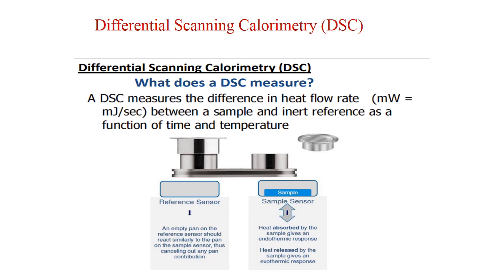Similarly, if our sample undergoes crystallization, that means the sample undergoes an exothermic process, and the sample requires less heat than the reference to raise its temperature at the same rate as the reference. By observing the differences in heat flow between the sample and reference, differential scanning calorimeters can measure the amount of heat absorbed or released during such transitions.